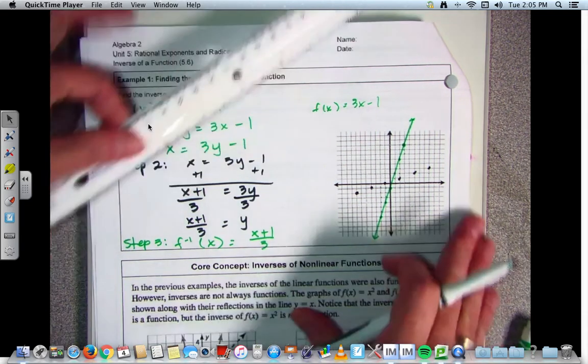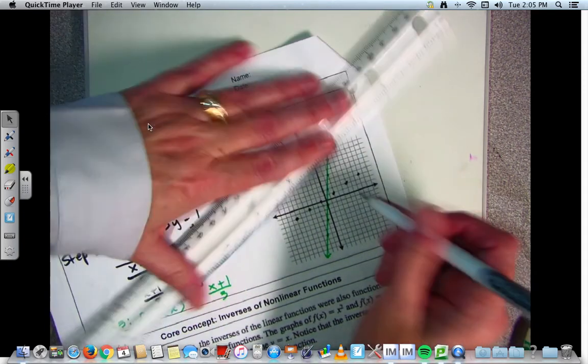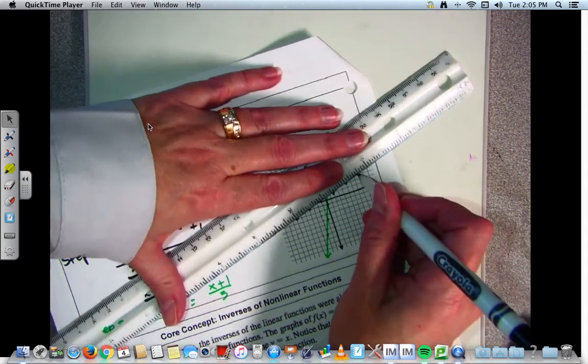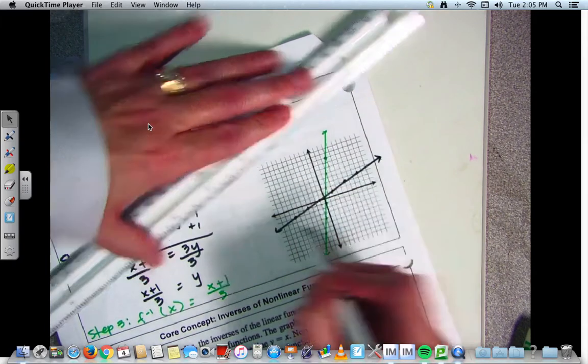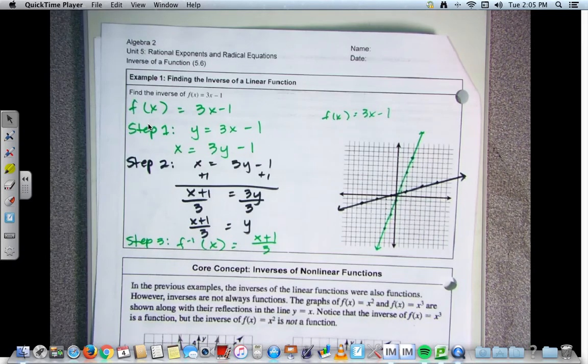So this is our inverse. And it should reflect over the y equals x line.